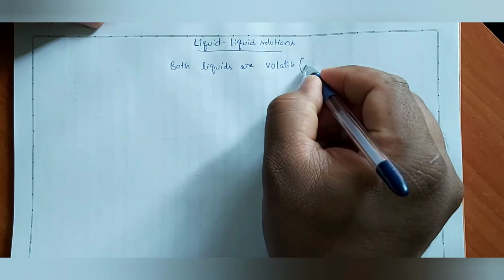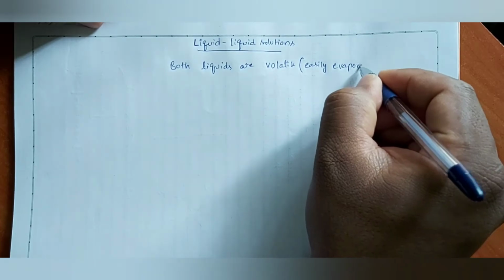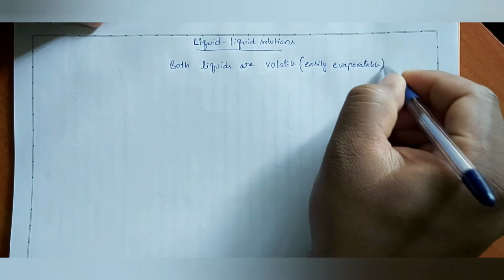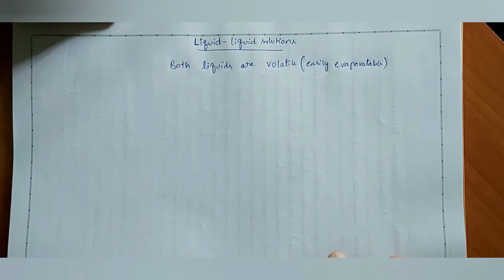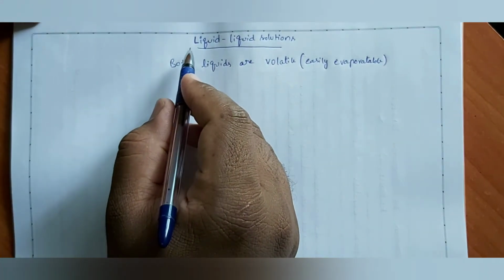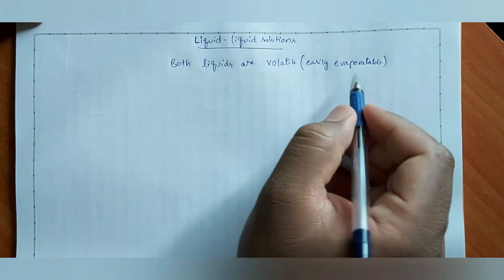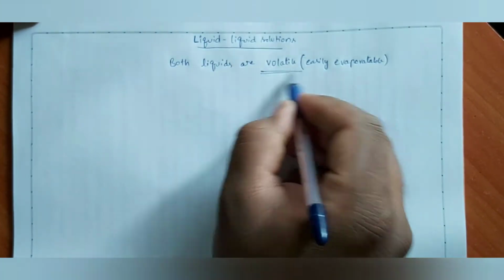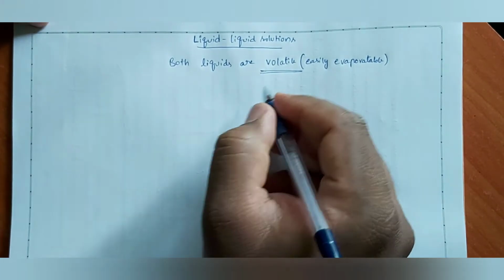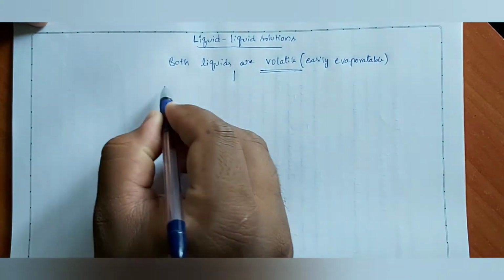Meaning of volatile: easily evaporatable. So both liquids, that means even the solute is a liquid and the solvent is a liquid, both are volatile in nature. That one we have to keep in mind while we start this. Okay? These liquid solutions are classified into two types.